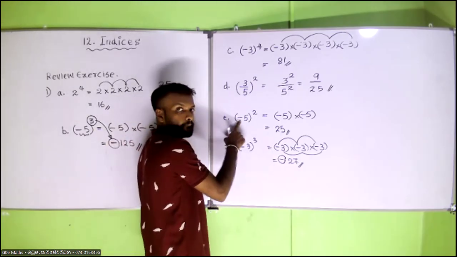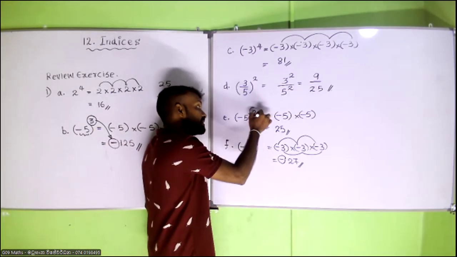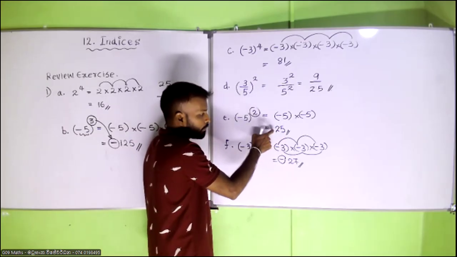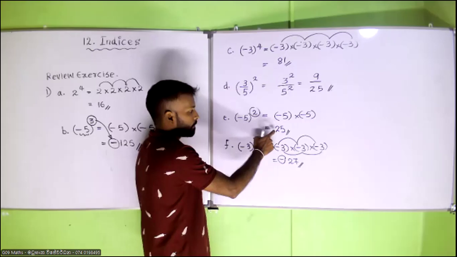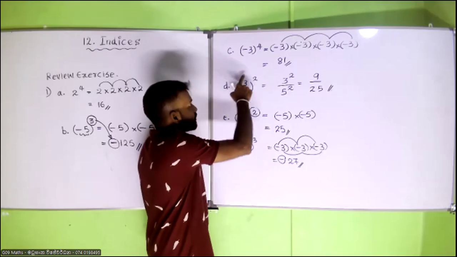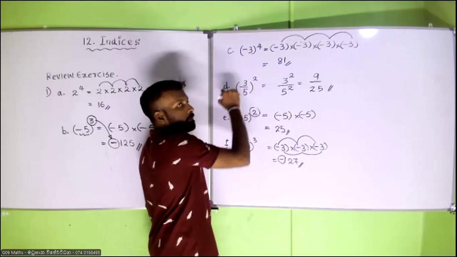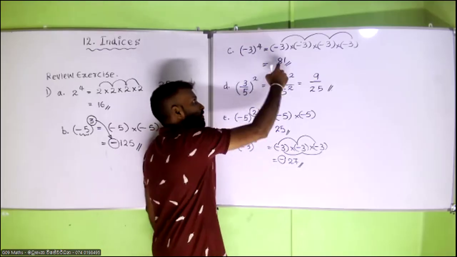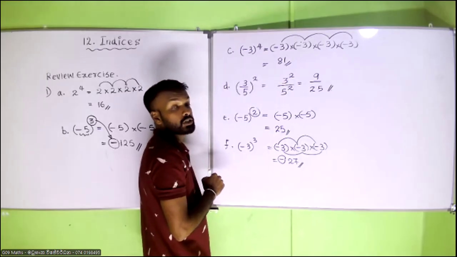Negative number, but the power is even. Final answer definitely should be positive. Negative number, even power, final answer positive.